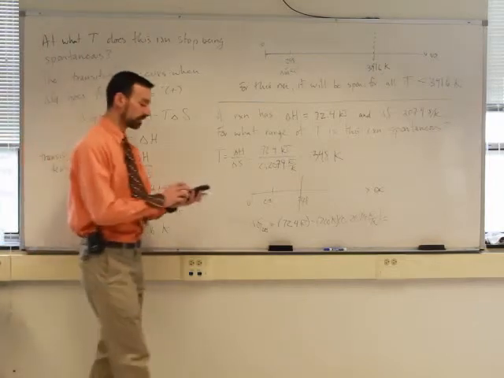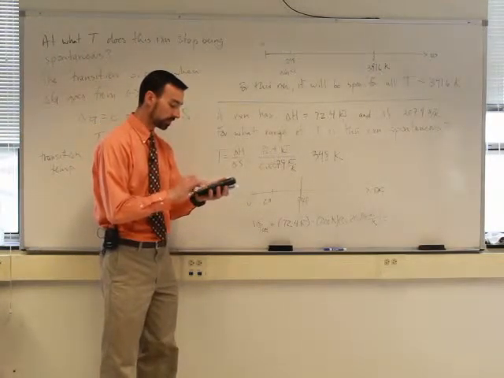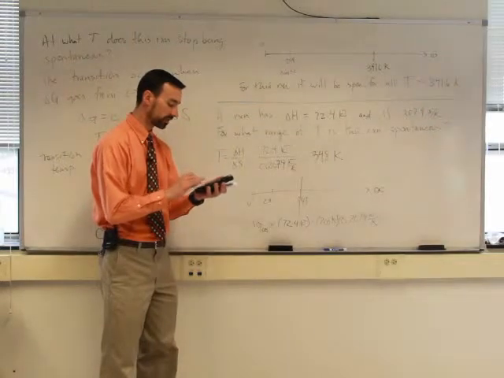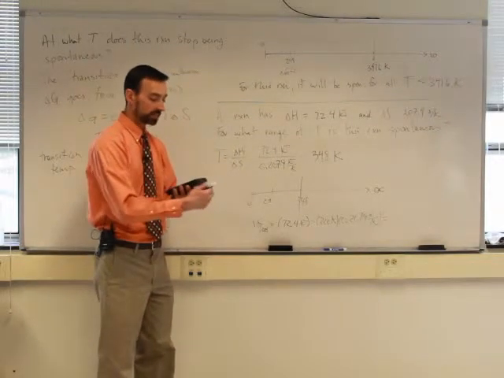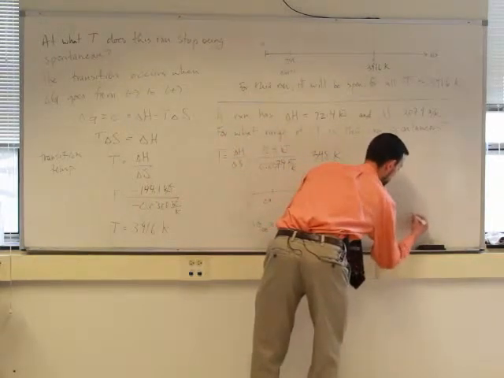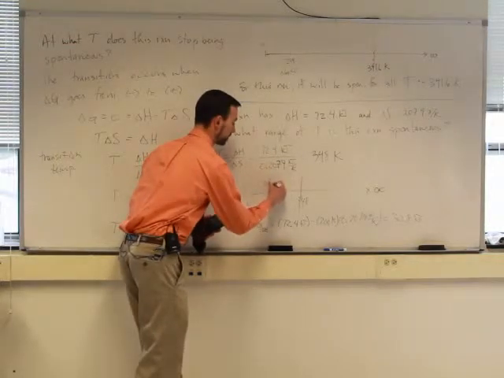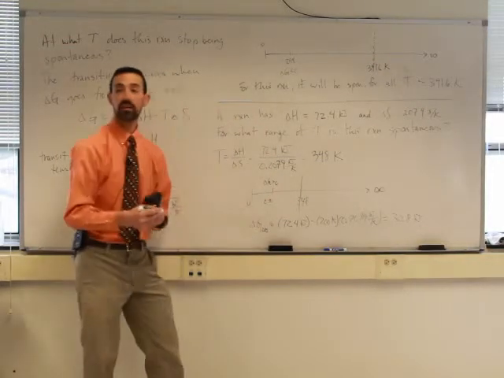So at 200 Kelvin, the Gibbs free energy, 72.4 minus 200 times 0.2079, is positive 30.8 kilojoules.